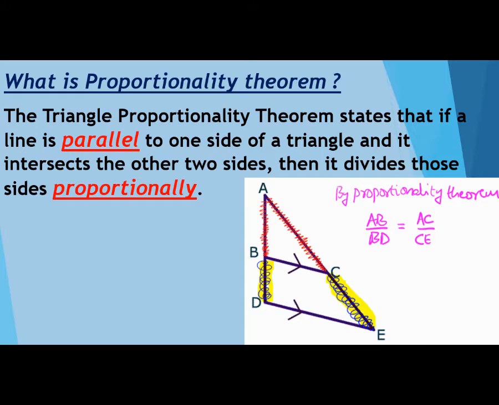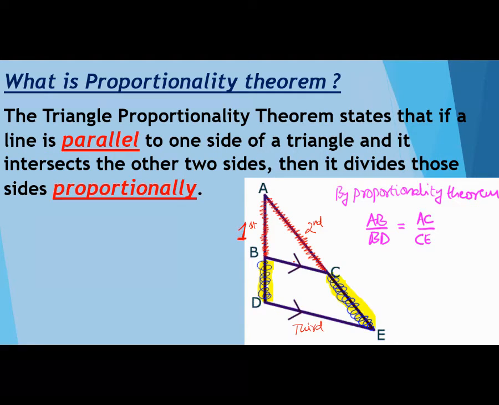Therefore, a line is drawn parallel, and if I consider AD as my first side, and AE as the second side, and this is the third side, then BC is parallel to the third side, so BC divides the other two sides in the same ratio, that is, proportion.